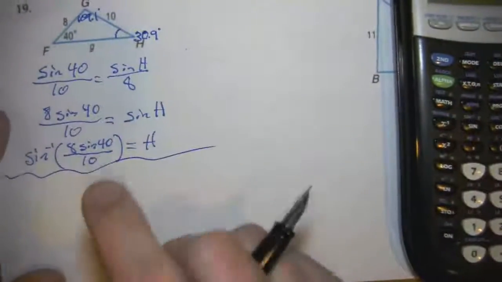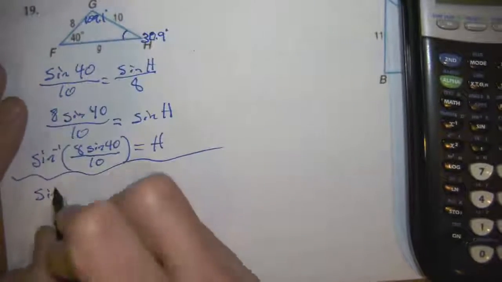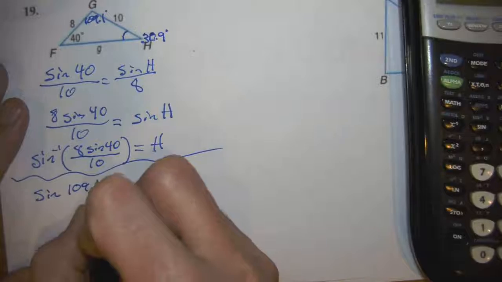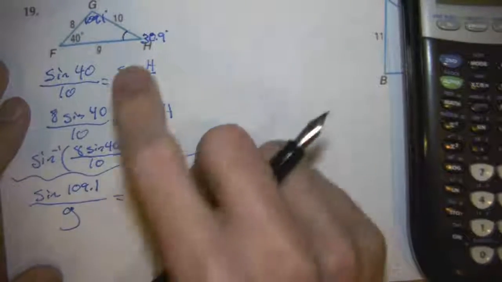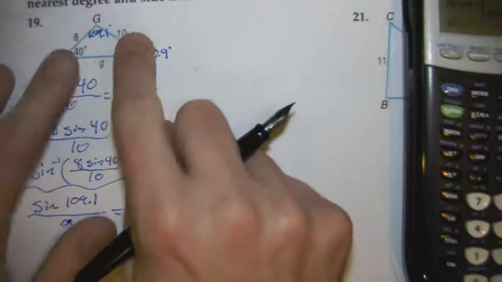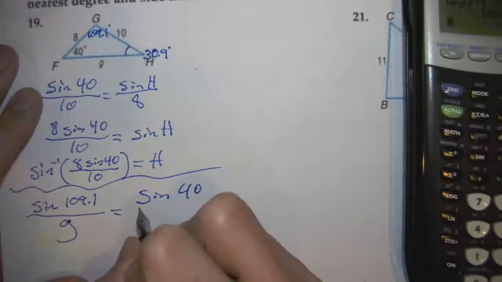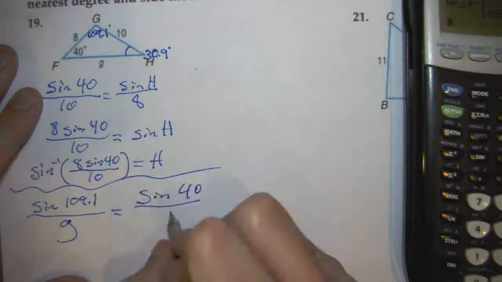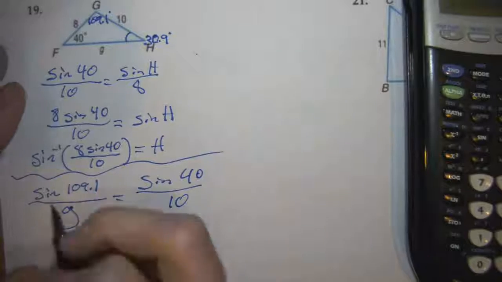Make a line. So I've got that number, so sine of g, so this 109.1 over g, we don't know it, is equal to, I'm going to use the 40 and the 10 because those are not rounded numbers. So sine of 40 over 10. Let's rewrite. I'm going to multiply by g, multiply by 10.